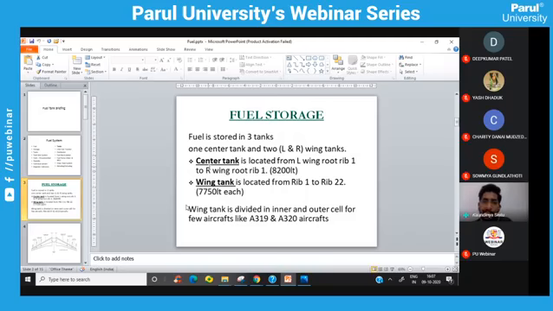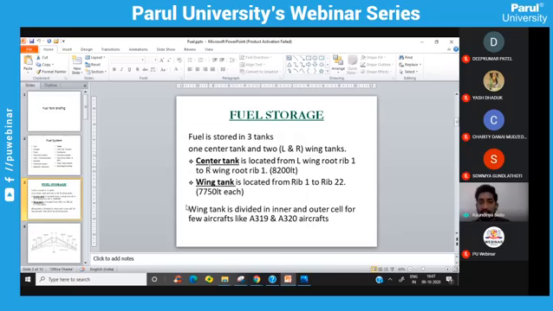One is a center tank inside the fuselage, and two tanks, LH and RH tanks. This is mainly for the A320 aircraft. I just mentioned the amount of fuel it can contain. This is the maximum amount, which doesn't mean it will always contain this maximum. This is a manufacturing limitation.